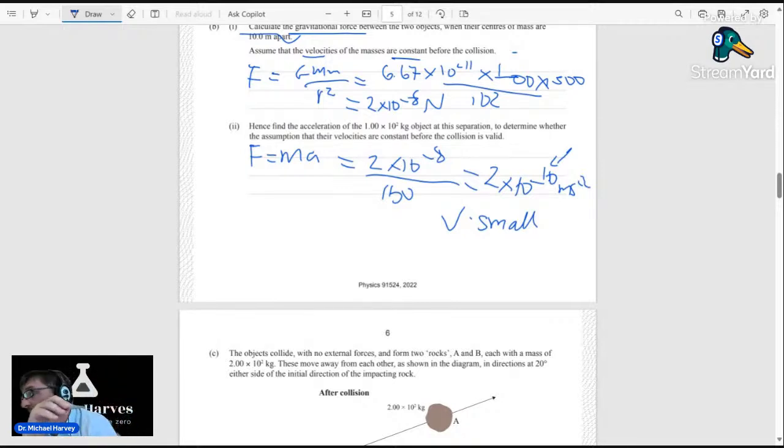Or actually, you could argue, I guess, that it's not valid because there is actually an acceleration, even though it's a very small one. So you could either argue it's valid because it's negligible, or you could argue it isn't valid because there is an acceleration. I've just calculated it. It's 2 times 10 to the negative 10 meters per second per second. So depending on the evidence that you use, you could get a merit either way.